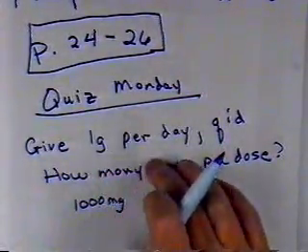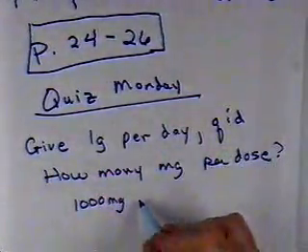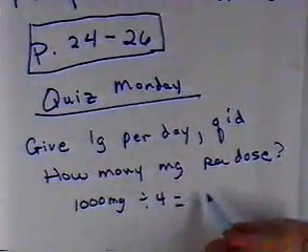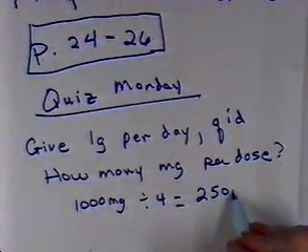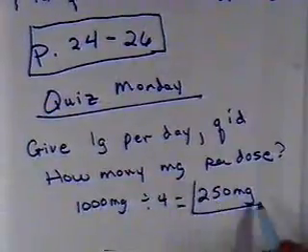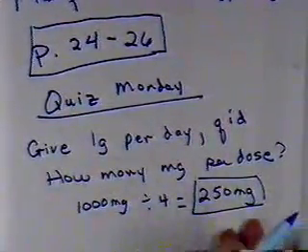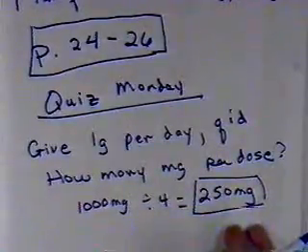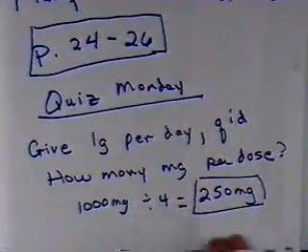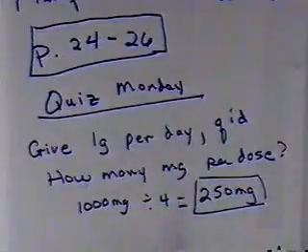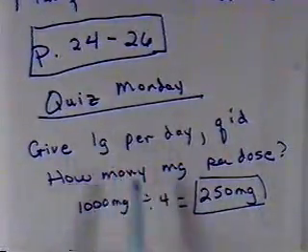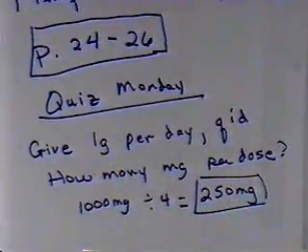But if it says per day, you do have to divide. So your answer would be give 250 milligrams per dose. You don't have to write per dose because I always assume your answer is per dose. I always want per dose. How many milligrams per dose? Change it to milligrams and divide it.